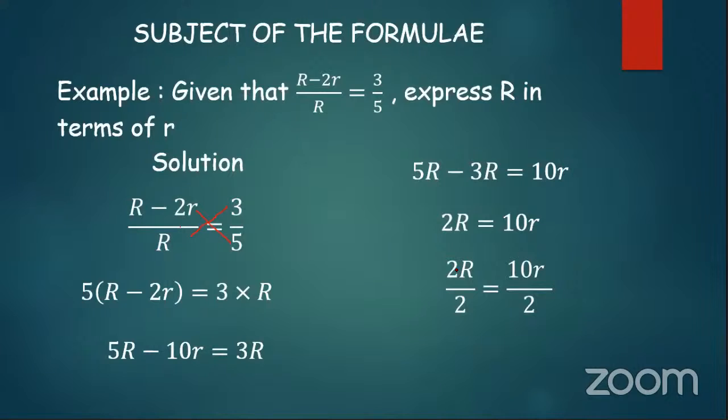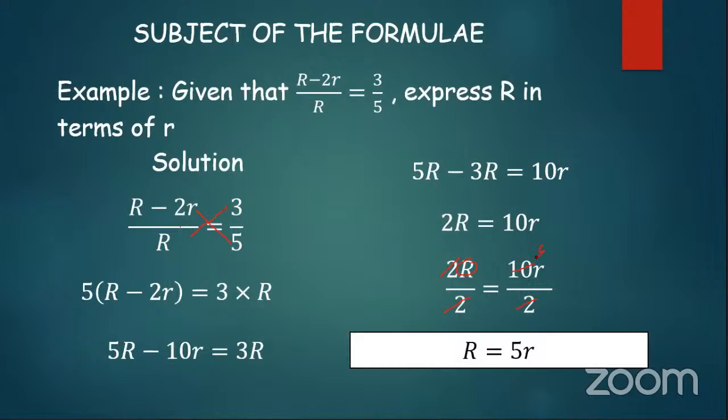Since we want to remain with capital R, we divide by 2. This would give us 1, and then 10 divided by 2 would give us 5. And then our capital R is equal to 5 small r. Is that okay? Any questions?